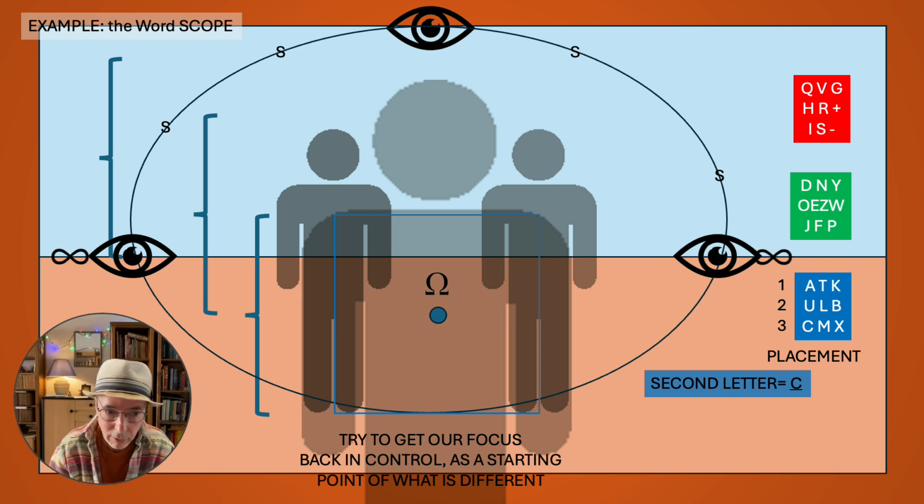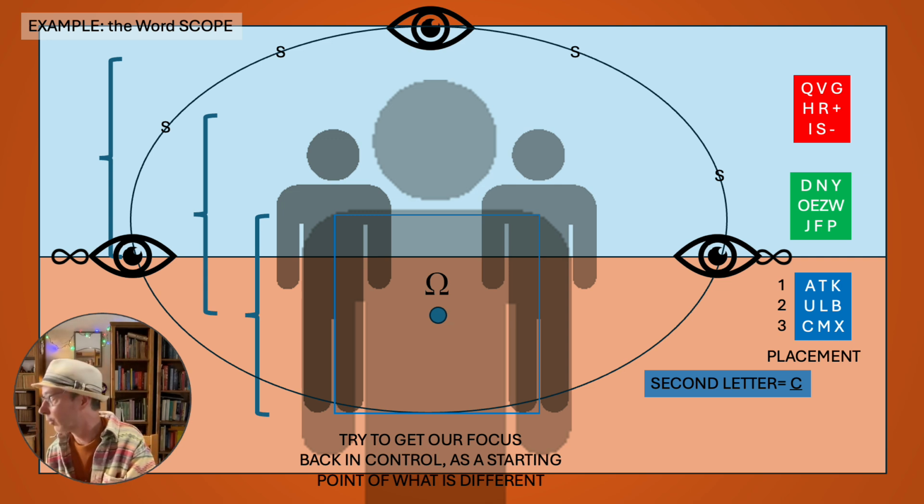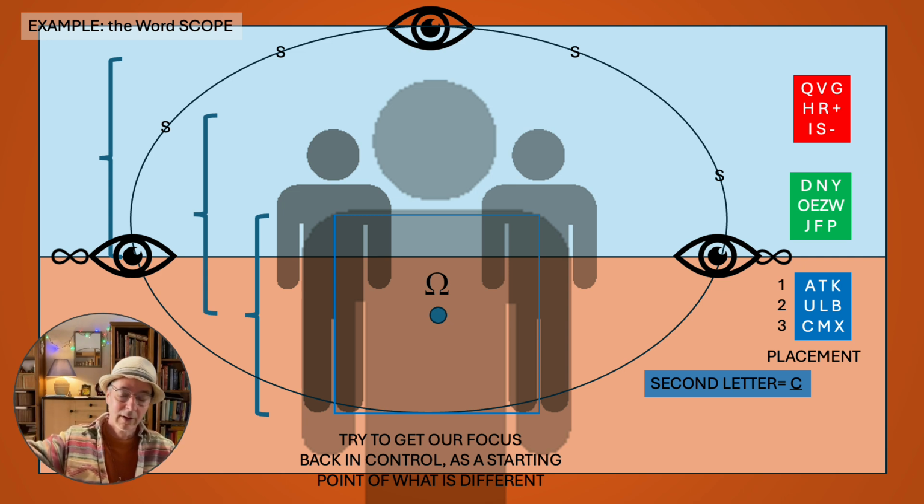Try to focus also on what we really have, because spreading our vision to all sides, and because all things are moving and changing all the time, it's not very practical. We focus again. We try to keep it back into our control as a starting point, as what is different. And that's why I already put the omega there between the eternal changes.